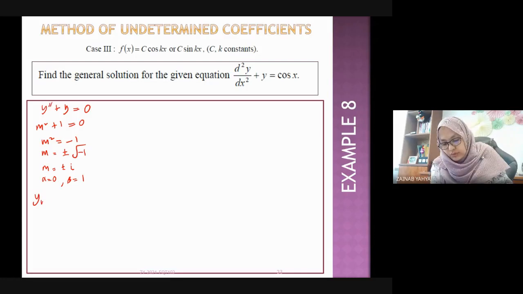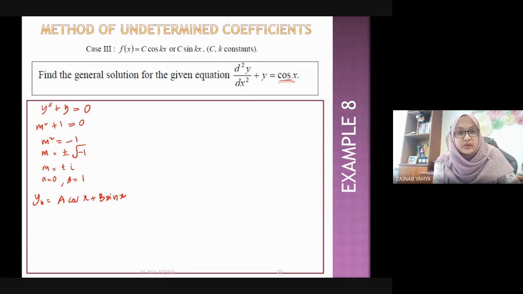So your yh is A cos x plus B sin x. Now you see you have cos x here, and you also have cos x in the f(x). So now you must choose a correct yp.